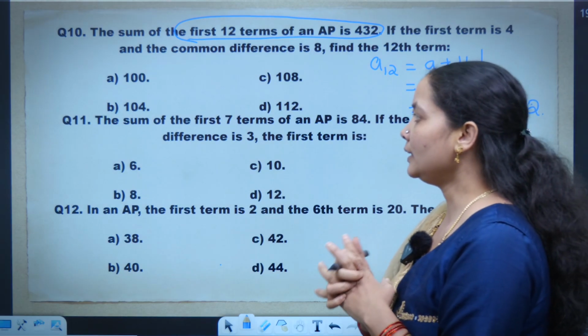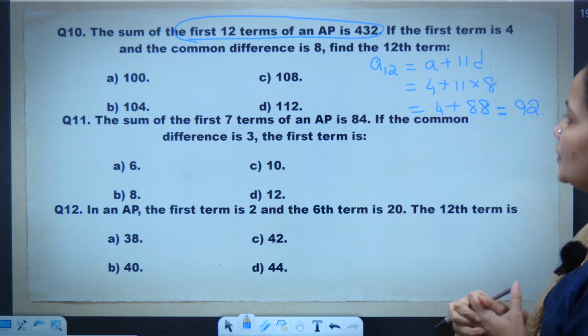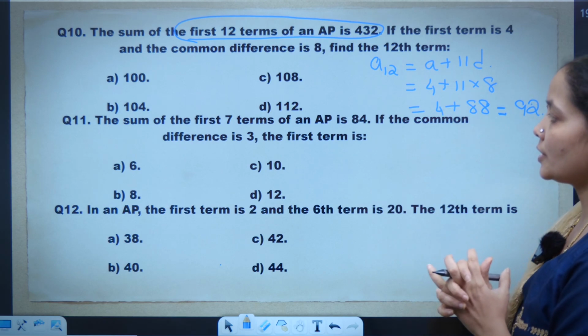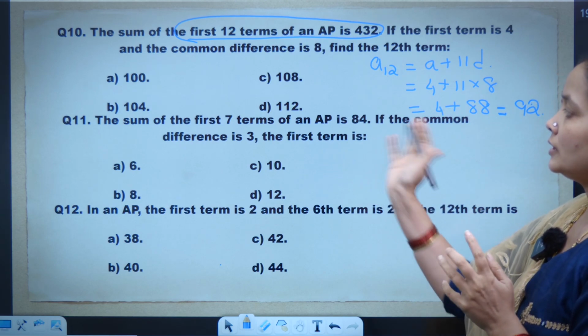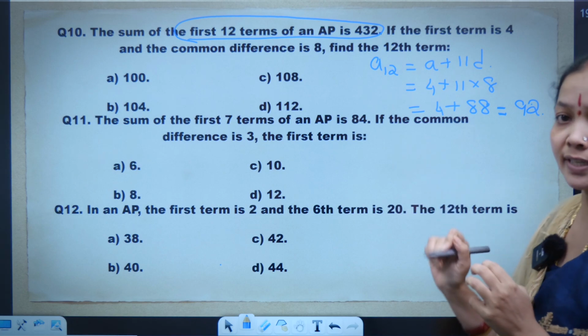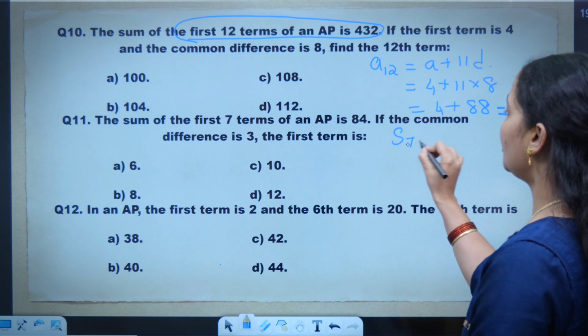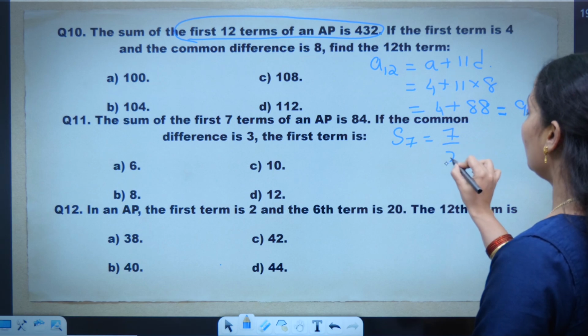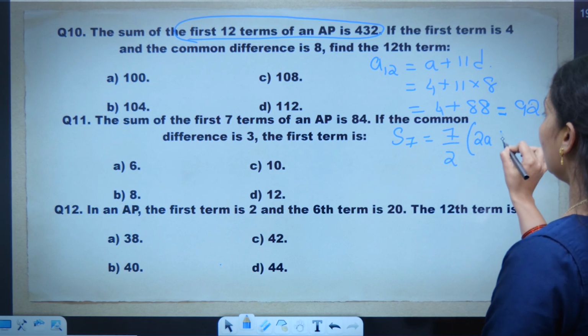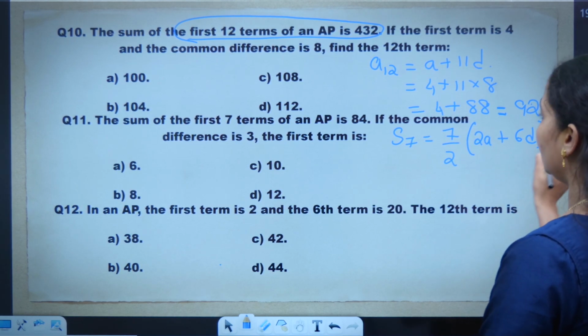In question number 11, the sum of first 7 terms of an AP is 84. The common difference is given. I have to find the first term. First term means I have to find A. I know that S7 will be equal to 7 by 2 into 2A plus 6D.